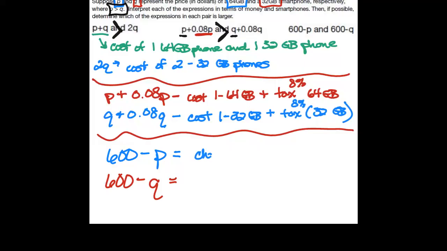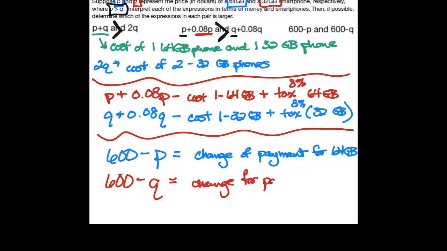The change of payment for a 64 gigabyte phone, and 600 minus Q is going to be the change. Change, not of payment, maybe for payment.